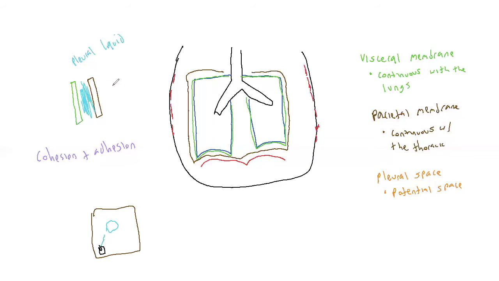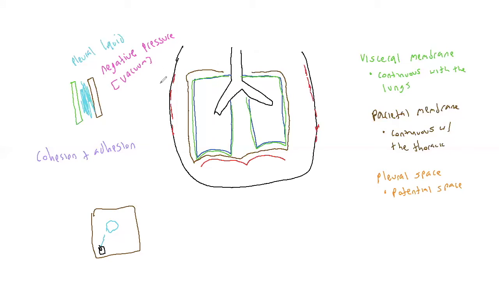Now, because of the properties of cohesion and adhesion, and the fact that this is basically more or less an airtight space, the liquid allows the two aspects of the pleural membrane to form what's called negative pressure. And yes, in case any of you want to jump in and correct me on this video, I know negative pressure is not really a thing. The correct term is vacuum, but old habits are hard to break.